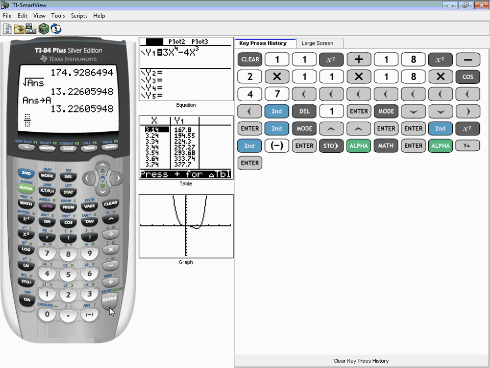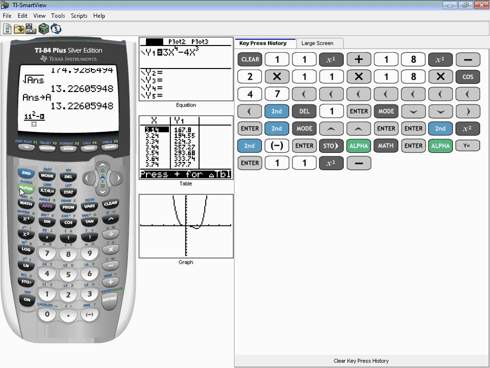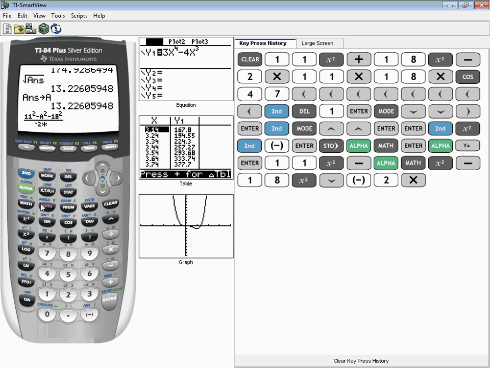So we're doing b, right? So 11 squared minus, we stored a, right? So minus a squared minus 18 squared, divided by negative 2 times a times 18.